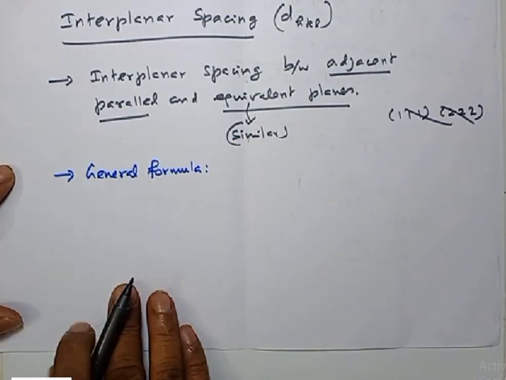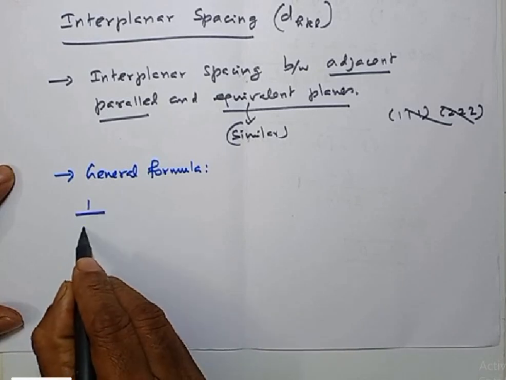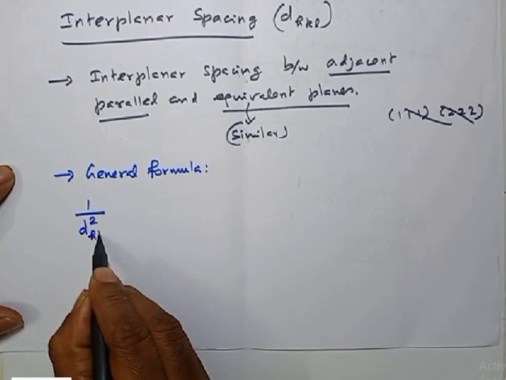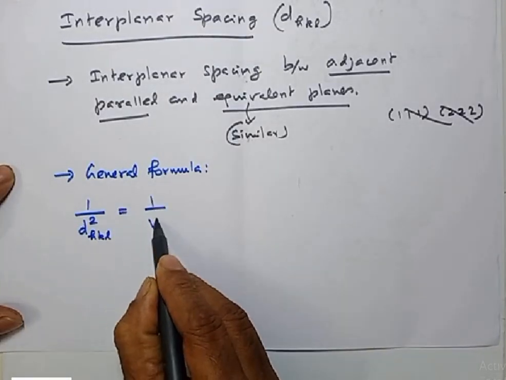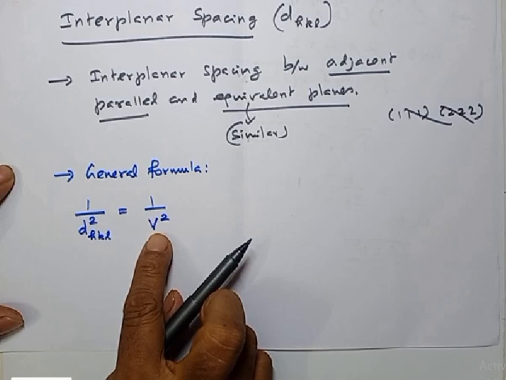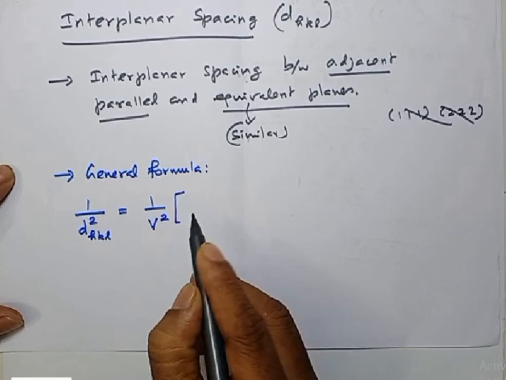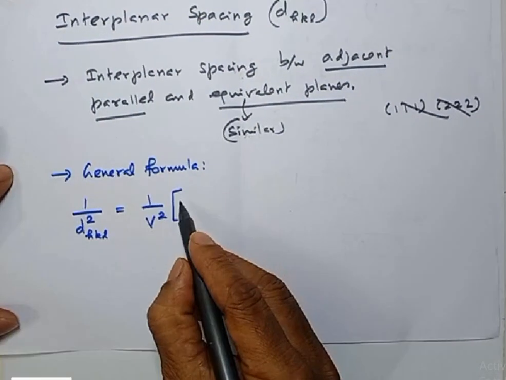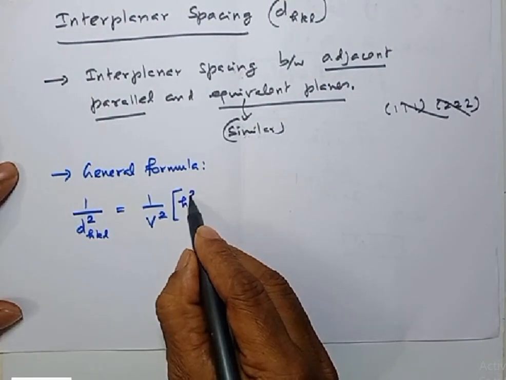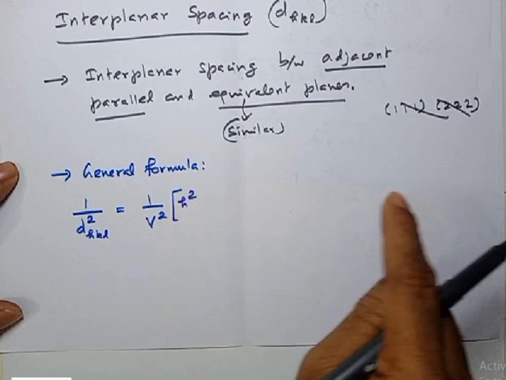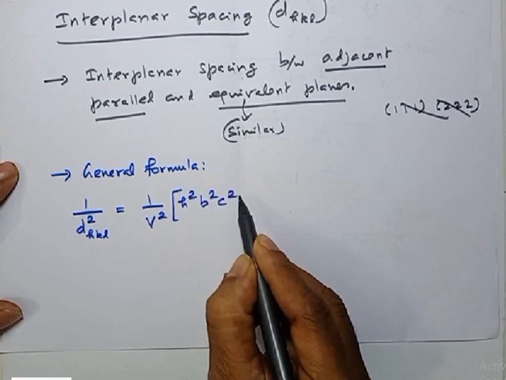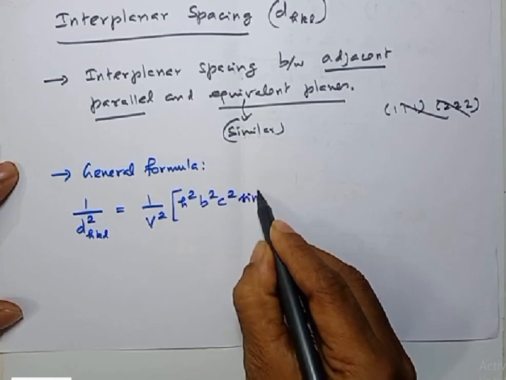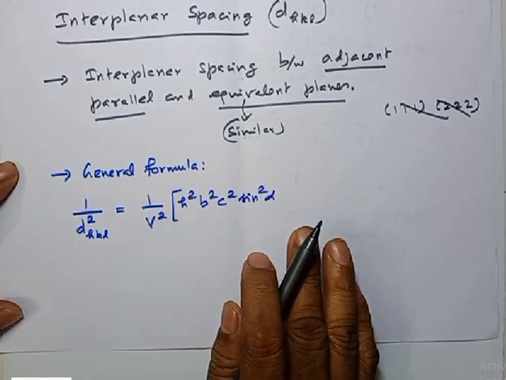General formula: 1 by d square corresponding to the HKL plane is equal to 1 by V square, where V is the volume of the unit cell, into this formula. Remember the formula, it's very easy actually. You have HKL, so start with h square b square c square sin square alpha. The formula is somewhat lengthy.